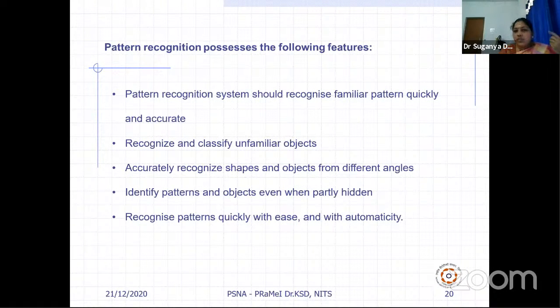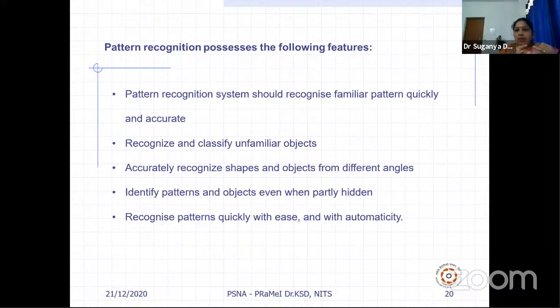So these are some of the important features of pattern recognition. Pattern recognition systems should recognize familiar patterns quickly and accurately, right? So when I am going for pattern recognition algorithms, otherwise I am going to build a pattern recognition system, it should be accurate, as well as fast enough to do the things.